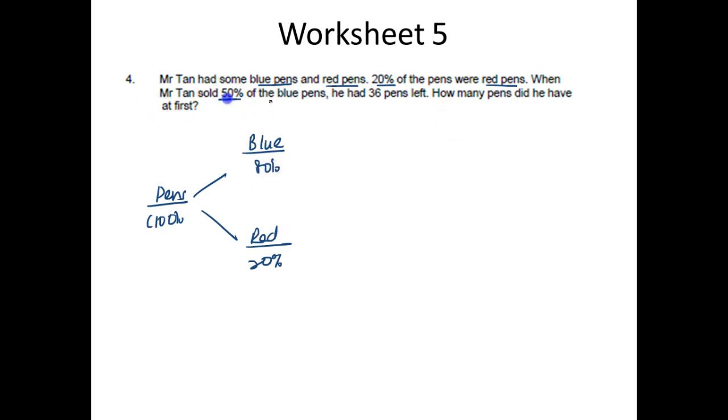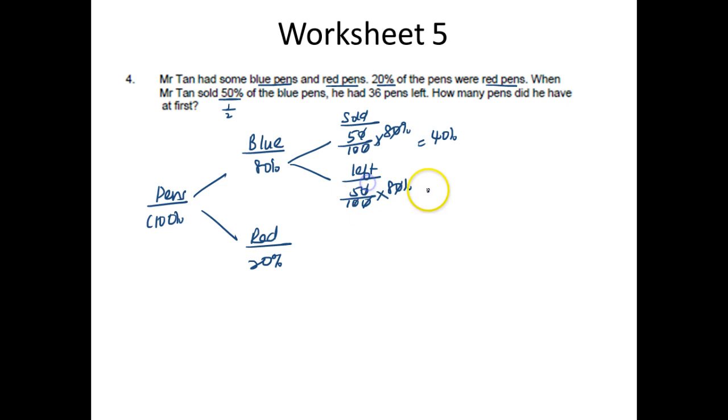Mr. Tan sold 50% of the blue pens. So 50% is half of the blue pens. So blue pens he sold 50 out of 100 times 80%, which is 40%.